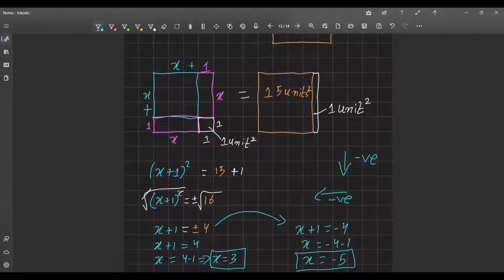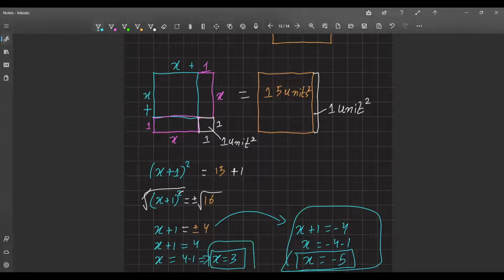So the same thing bugged the ancient civilizations as well, and they never considered this to be an answer due to that. They only considered this as the answer, as this is the only thing that can be satisfied using this method, since we can only have a square in which x is equal to 3; 3 plus 1 would be equal to 4, which would give us the answer.